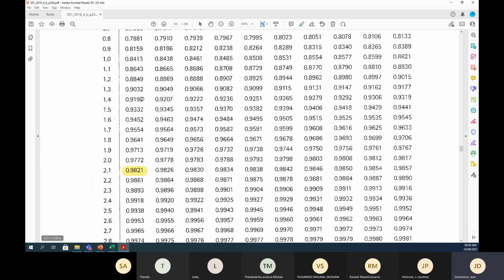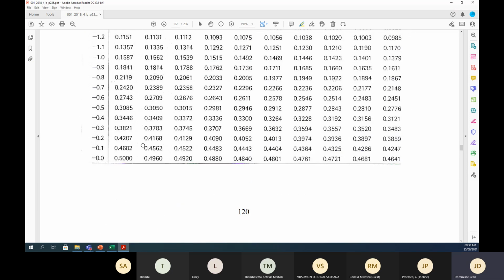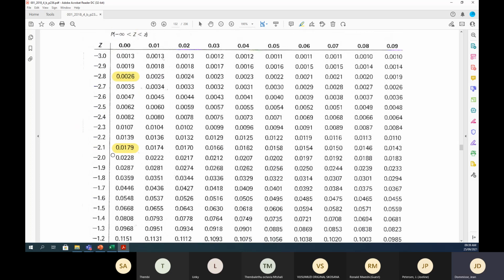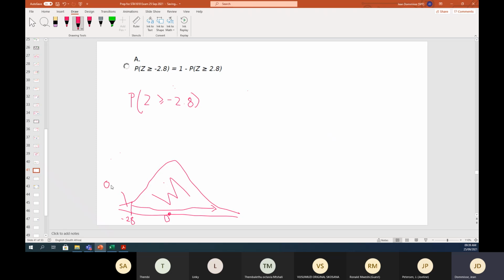The minus 2.8 was 0.0026, so that small area was 0.0026, which then tells me that this big part is actually 1 minus 0.0026, which is 0.9974. So let's use the actual numbers.